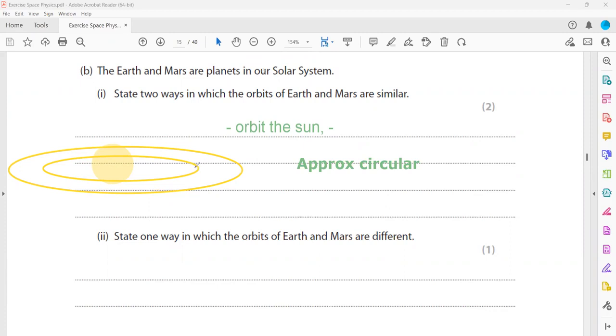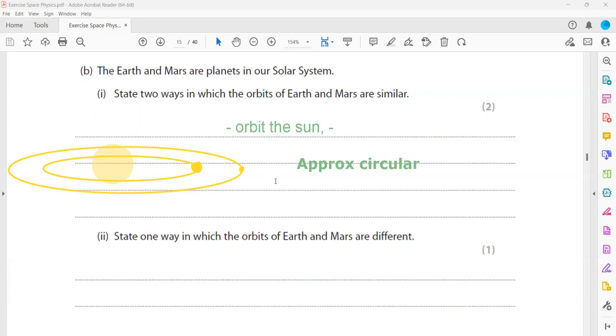So both are in the same plane. Like for example, this is our Earth, then this is Mars. So both are moving in the same plane. It's not like the planes are in different axes. They have the same orbits in the same plane. Another similarity is that they're orbiting in the same direction.